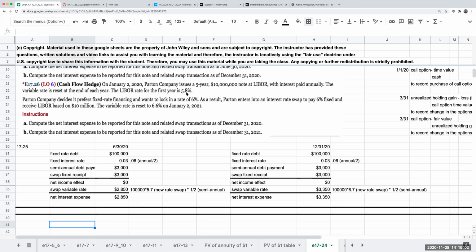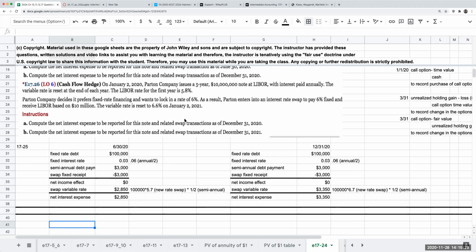Pardon Company decides it prefers fixed rate financing and wants to lock in a rate of 6%. As a result, Pardon enters into an interest rate swap to pay 6% fixed and receive LIBOR based on 10 million. The variable interest rate is reset to 6.6% on January 2nd, 2021.